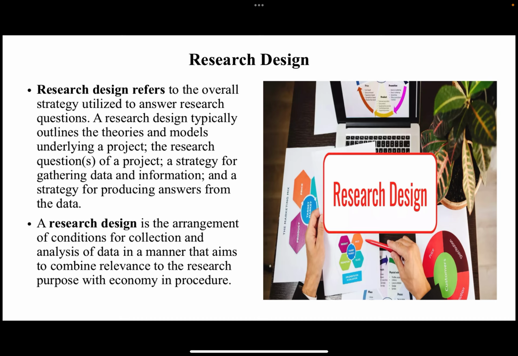Now, under the experimental research design, we have two types of sub designs. The first one is the randomized controlled trial, or what we call the clinical trial.